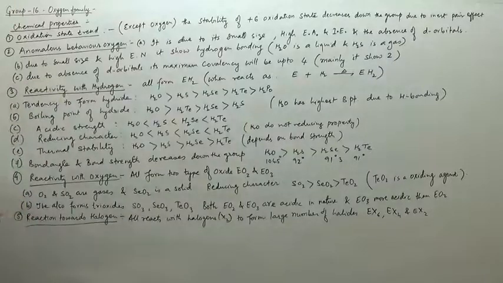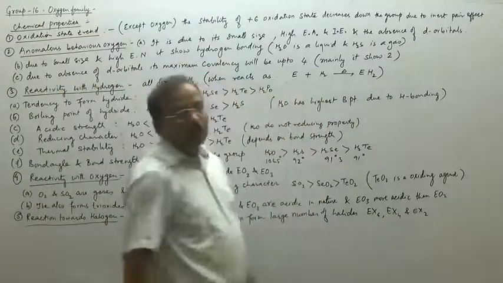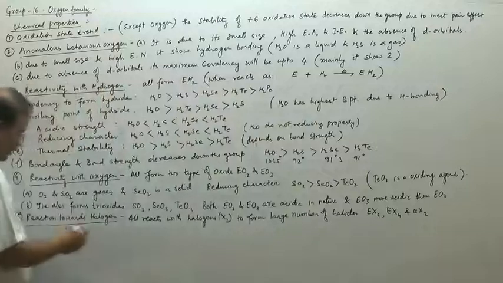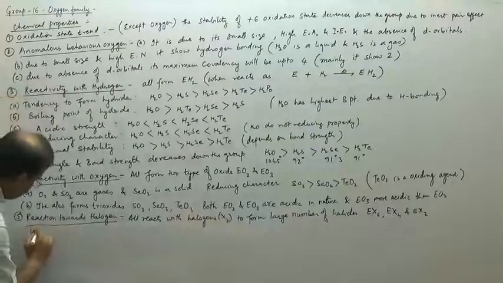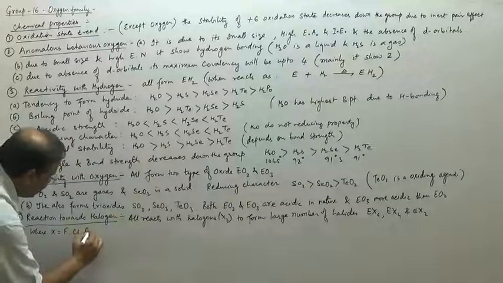These are the halides which can be formed, where X is fluorine, chlorine, bromine or iodine.